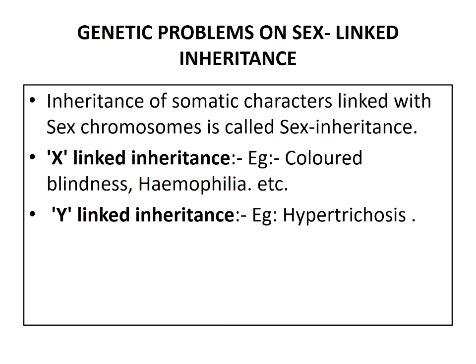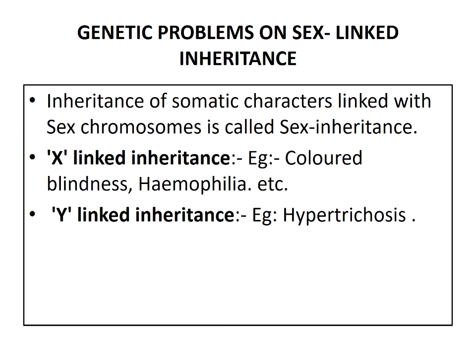And next is the XY-linked genes. Certain genes which determine the somatic characters are located on both X and Y chromosomes, and such genes are called XY-linked genes. If the somatic character is located on the X chromosome, then it is X-linked inheritance.